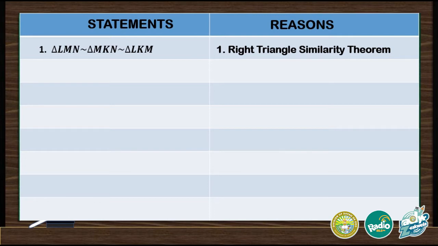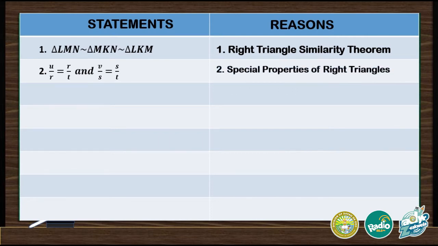Write the proportions involving the geometric means R and S. What should be the statement? Correct! U over R equals R over T, and V over S equals S over T. And the reason is special properties of right triangles.